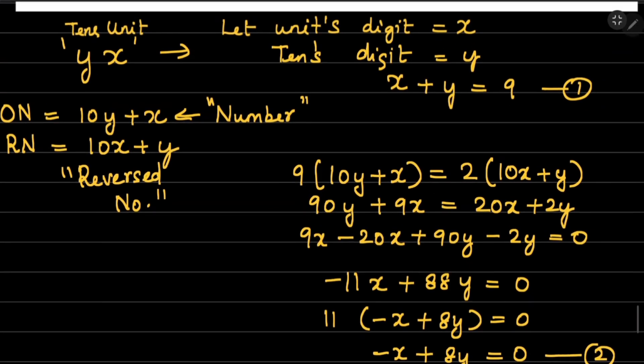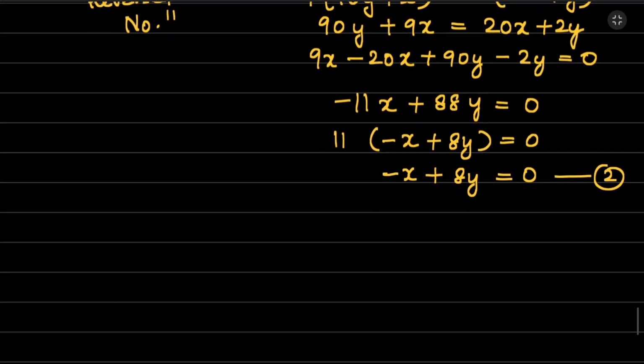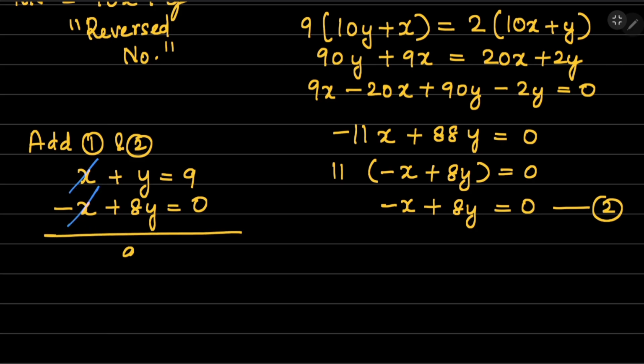Now how do you solve it? You have a minus x, you have a plus x there. So just add equation 1 and equation 2. Equation 1 is x plus y is equal to 9. The second equation is minus x plus 8y equal to 0. When you add them, plus x minus x gets cancelled. So you have 9y equal to 9.